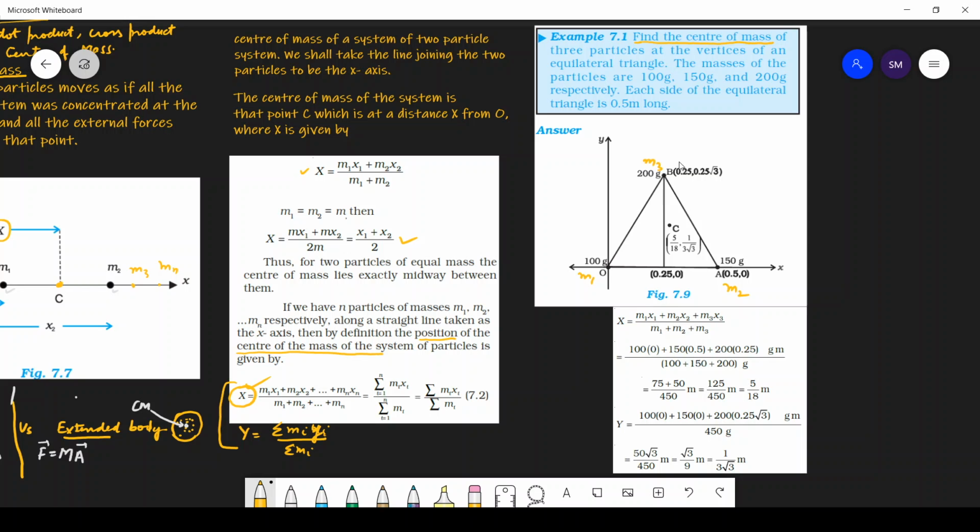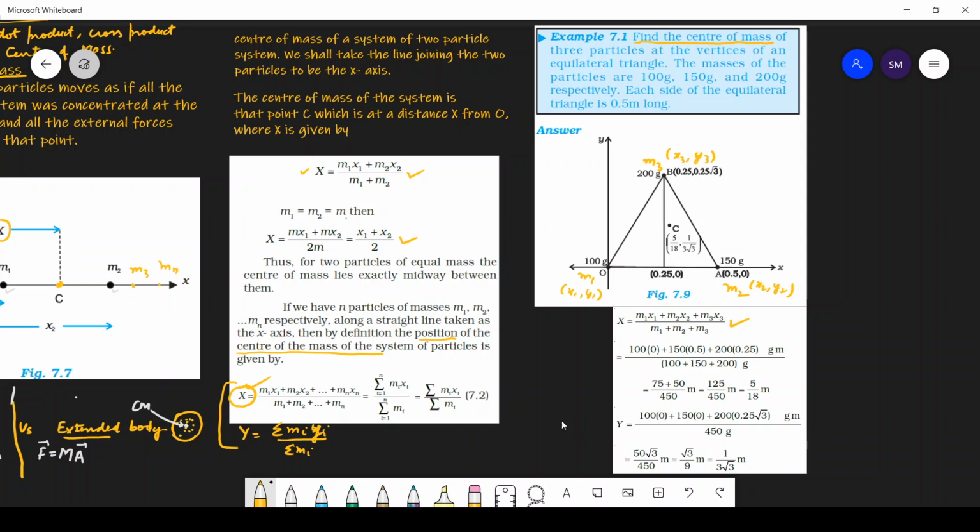Now we have its xy plane, so we have two coordinates. The coordinates of m1 we call x1, y1, of m2 x2, y2, and of m3 x3, y3. This is the formula that we have, the same formula as for two particles, now for a three-particle system.